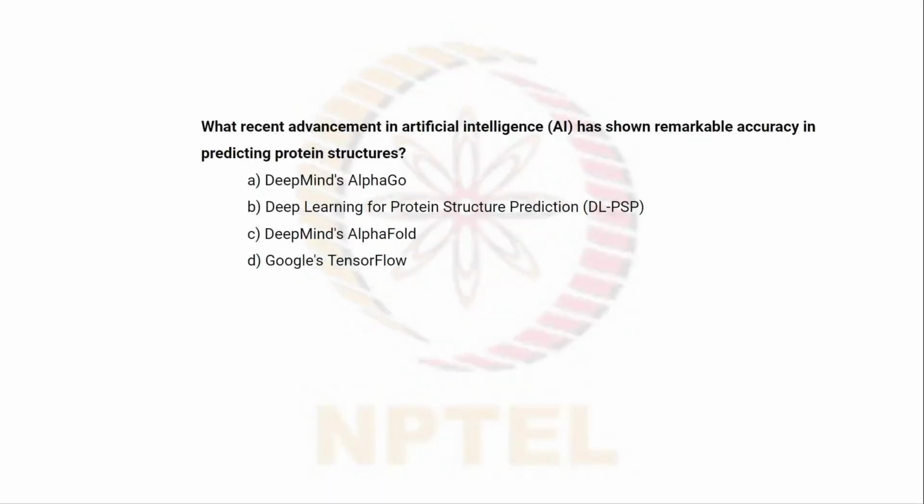With the recent advancements in artificial intelligence, there has been remarkable accuracy in predicting protein structures. Which among the following contributes to that?